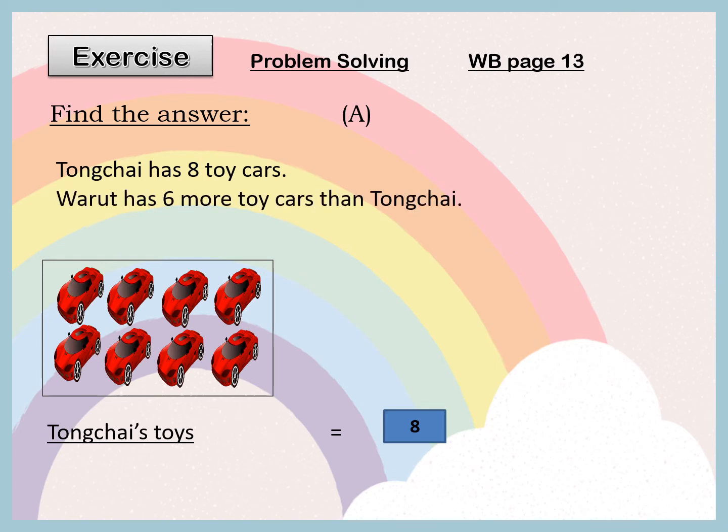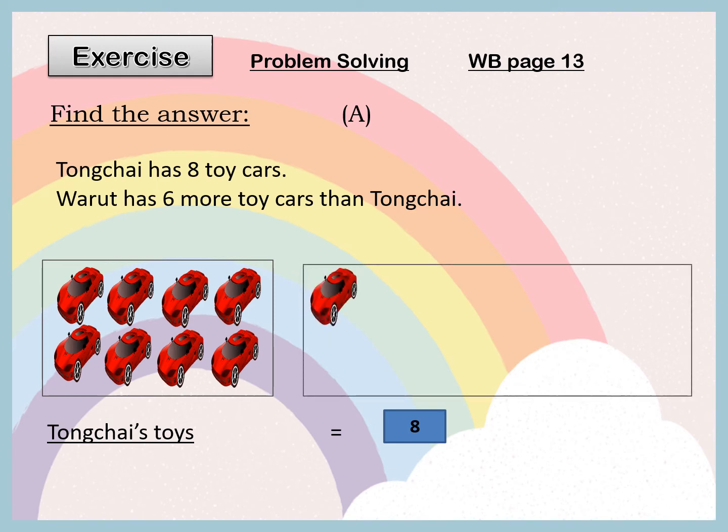Now let's proceed. Warut has 6 more toy cars than Tong Chai. Again, look at the word more. Warut has 6 more toy cars than Tong Chai. So Warut already has 8 toy cars plus 6. Now we are going to count Warut's toy cars. Look at the slide.